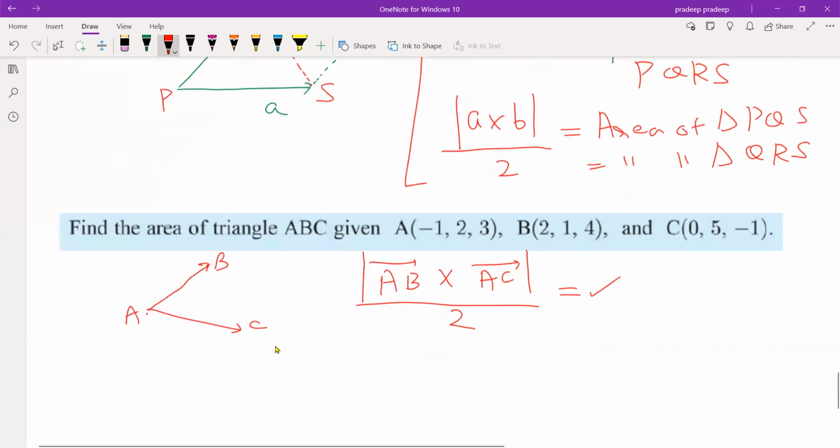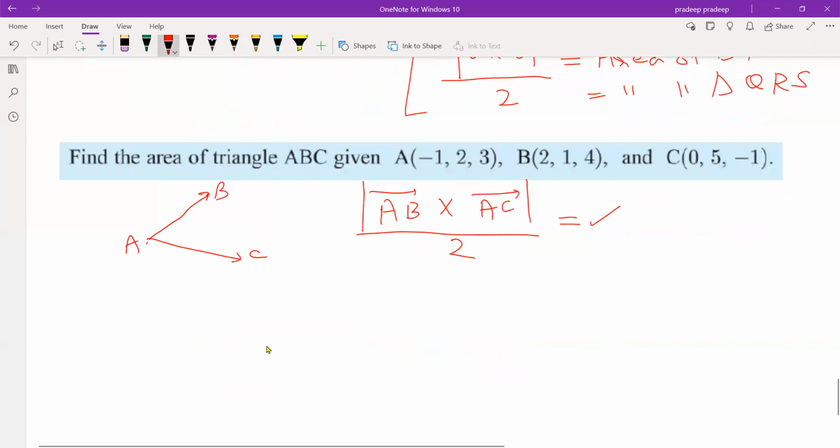So basically you have to first identify what AB is and what AC is. Sheldon, let's go step by step. Solve and tell me first of all what is AB. All you need to do is AB is just B minus A. Sheldon, solve this. Tell me what will be AB. Yes, Rahul, so even I'm done. Okay, just a second.